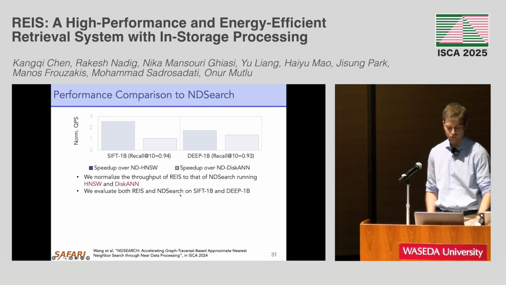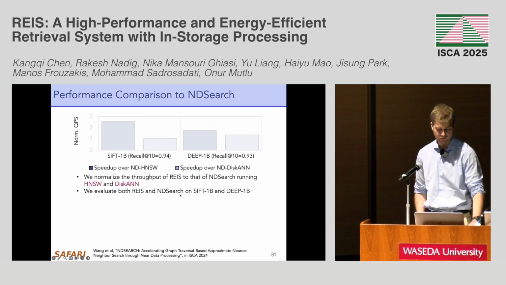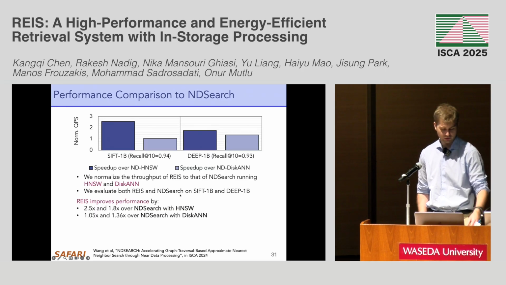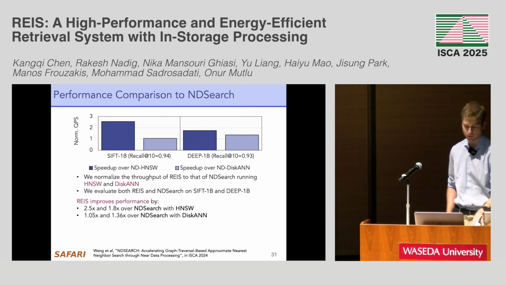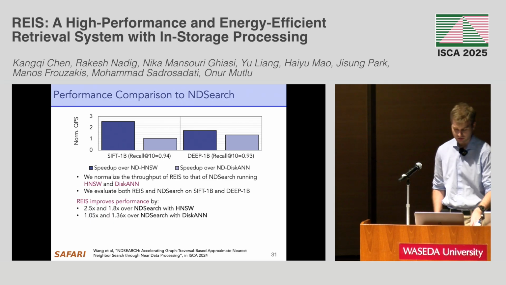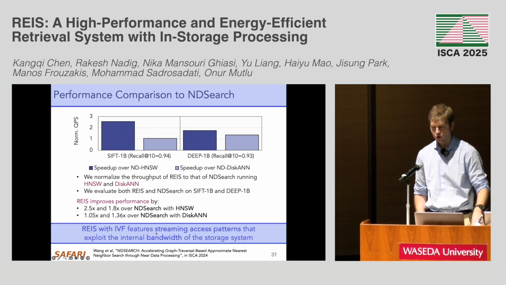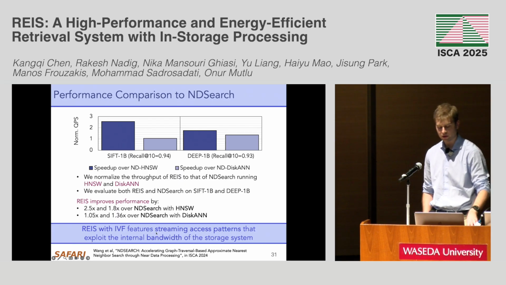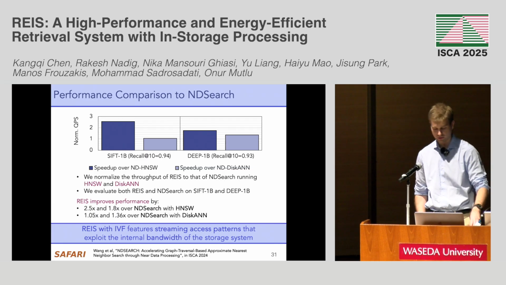We evaluate both REIS and NDSearch on SIFT-1B and DEEP-1B datasets, and we find that REIS improves performance by 2.5 and 1.8 times over NDSearch when NDSearch uses HNSW, and 1.05 and 1.36 times over NDSearch when NDSearch uses ISCA'25. We attribute this performance increase to the fact that REIS with IVF features streaming access patterns that exploit the internal bandwidth of the storage system.